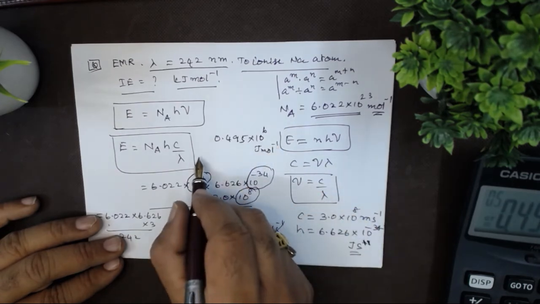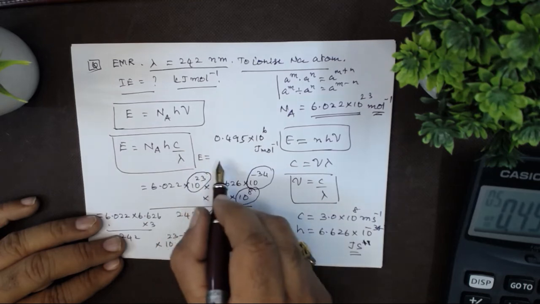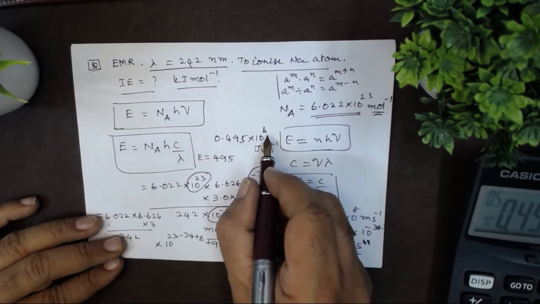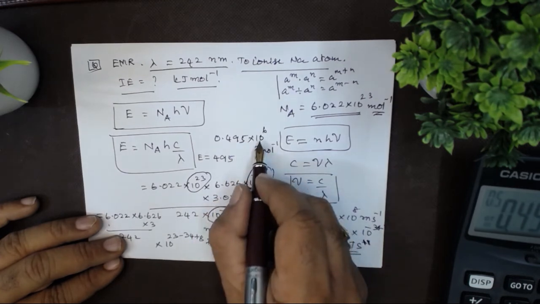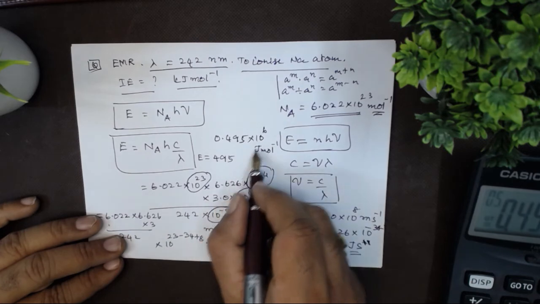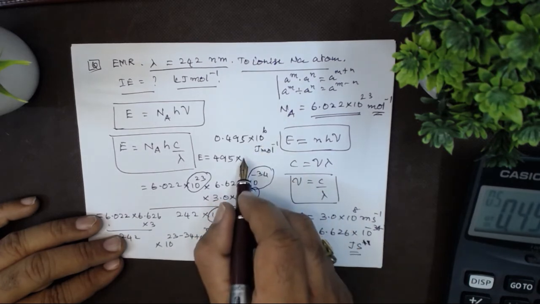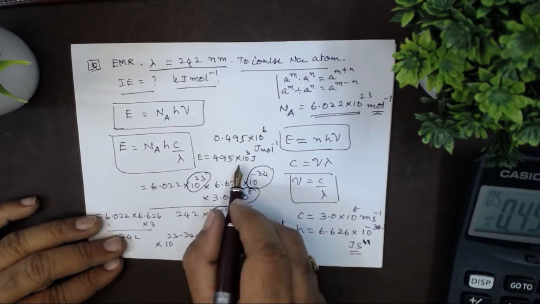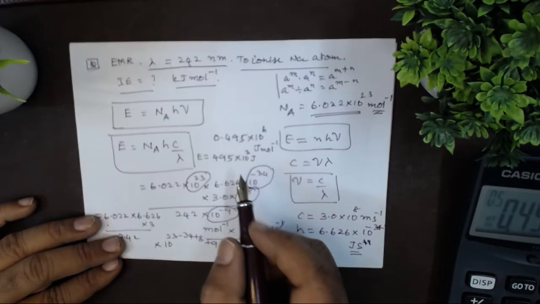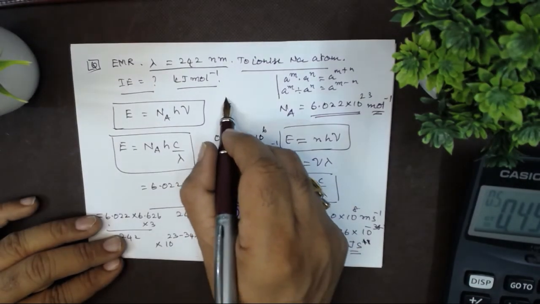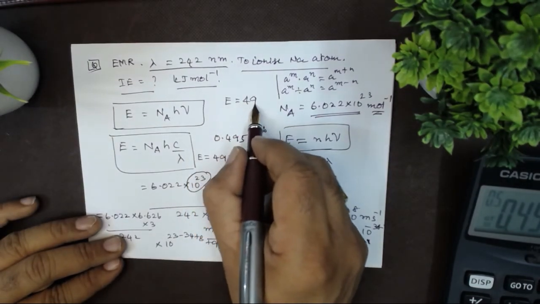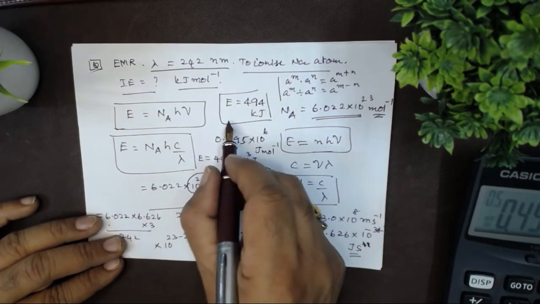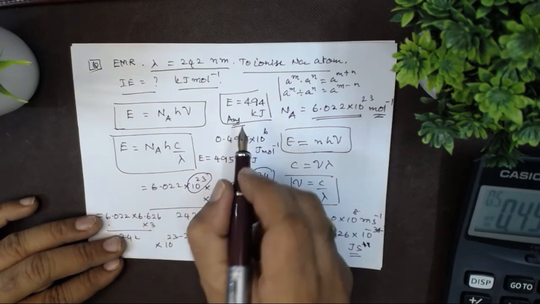So the final answer can be given as E is equal to 495 into 10 cube. 10 cube joule is nothing but kilojoule, so E is equal to 495 kilojoule per mole. This is the final answer. Do you understand?